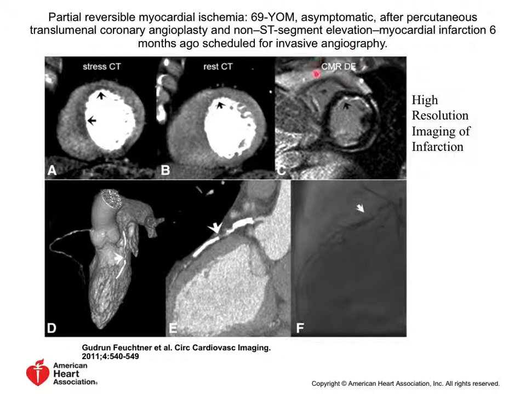But then you do an MR in which you do this late gadolinium enhancement, and you can see this little rim of infarcted tissue there. Very small amount of tissue on the endocardium has been infarcted. And the rest of this is normal, right? So you get a high-resolution image of what the state of the tissue is. And so that's, I think, its real value.